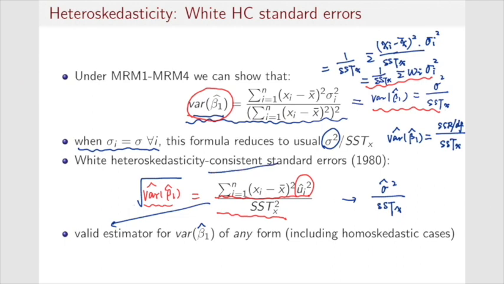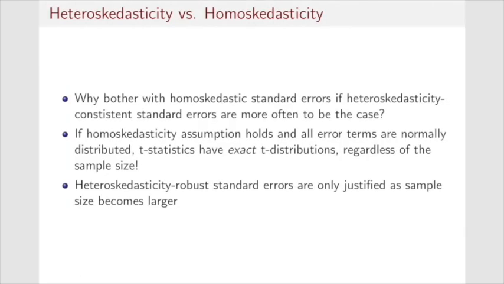Once we have this robust standard error, we can similarly construct t-statistics or other inference tools to perform hypothesis tests. If the robust standard error is also valid for the homoscedasticity case, and it is more common to have heteroscedasticity in practice, you may be asking, why bother with homoscedastic standard errors?